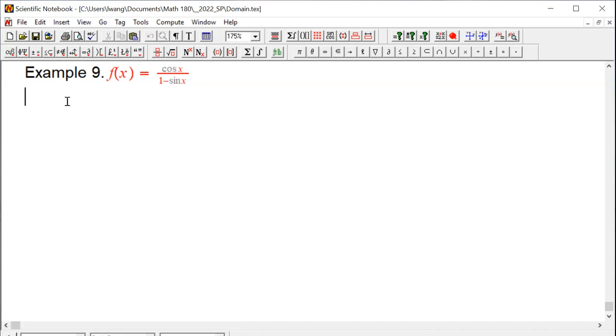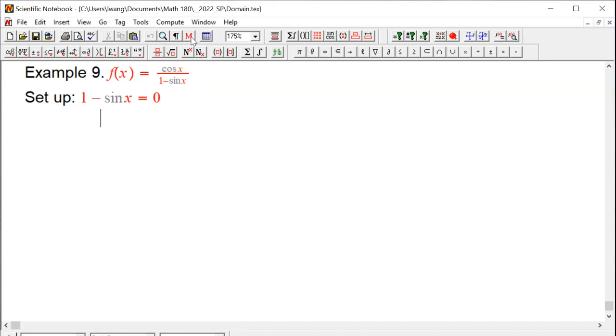Being aware that we're to determine the domain, we can set this equal to 0. This is a common method, but you need to understand that when you set it equal to 0, you're going to get solutions, and those solutions cannot be in the domain. Okay, so that's something you need to be aware of.